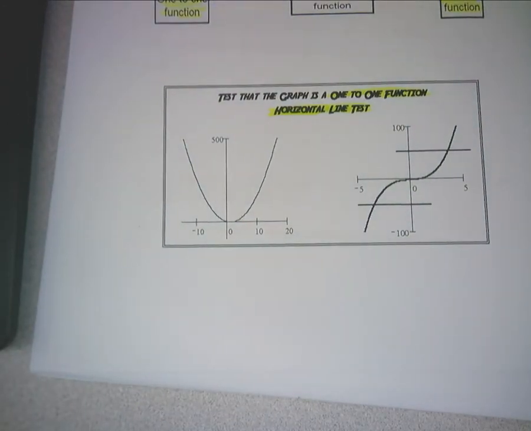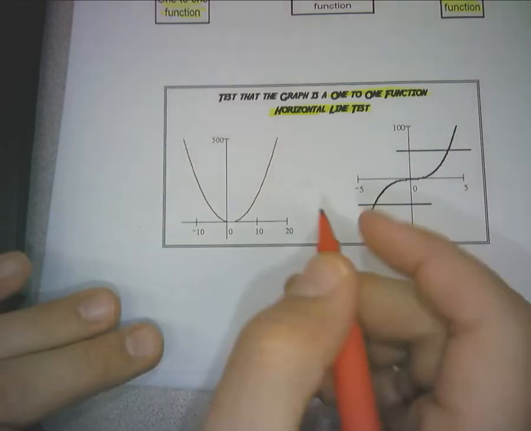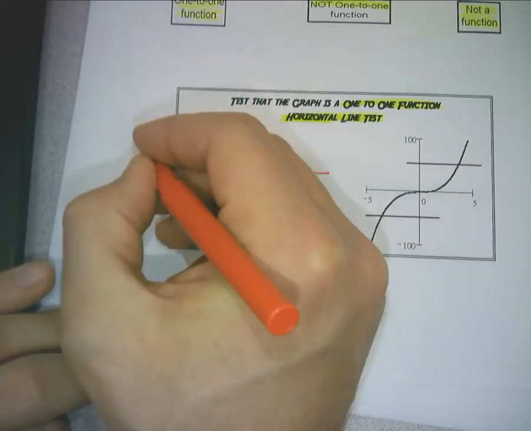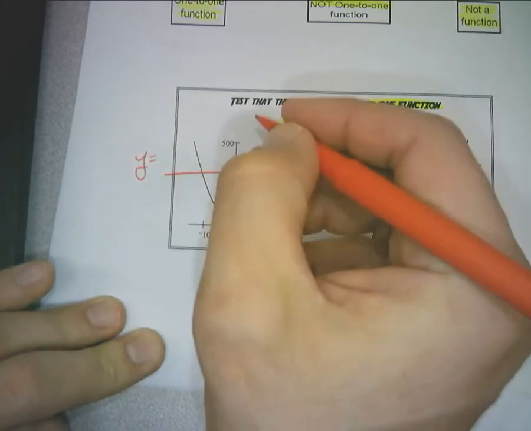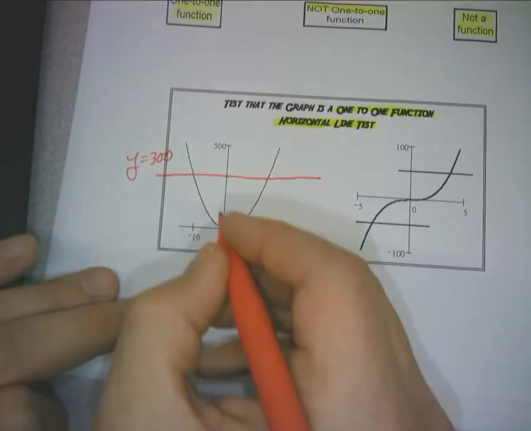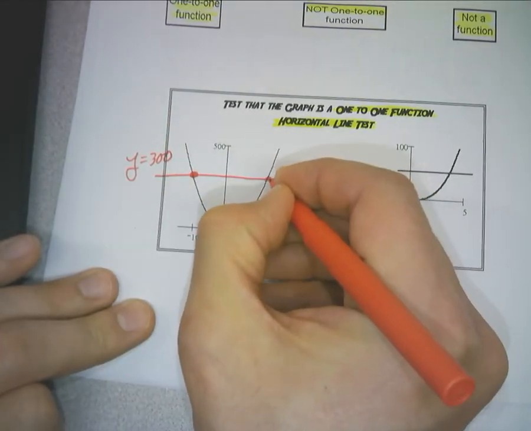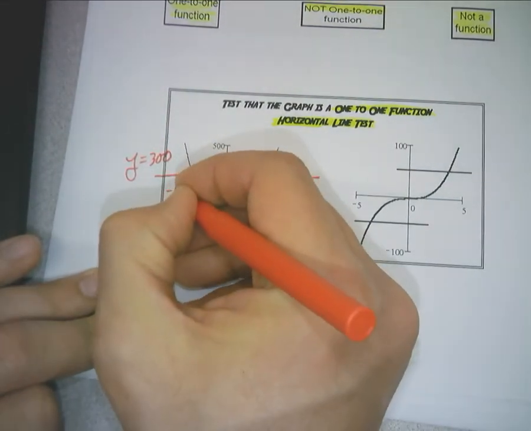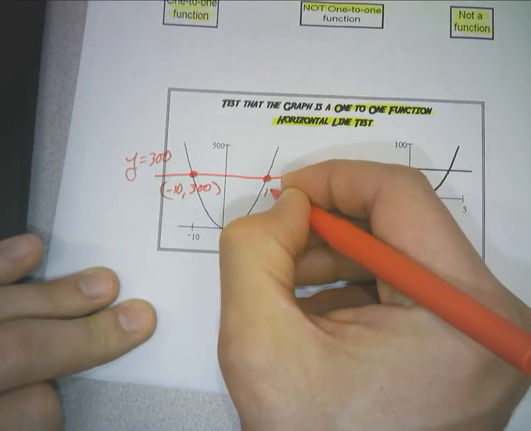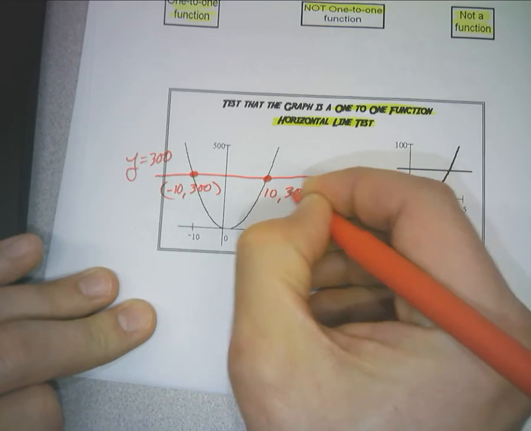So when I do a horizontal line, horizontal has a z in it. Z is right next to the y in the alphabet. That's a y equals line. So let's say that's y equals 300. I don't know, I just made that up. You will see that it intersects in two spots. I would have negative 10 comma 300, and then I would have positive 10 comma 300.